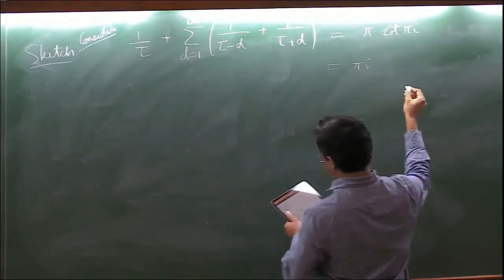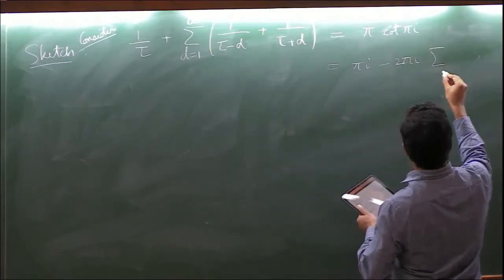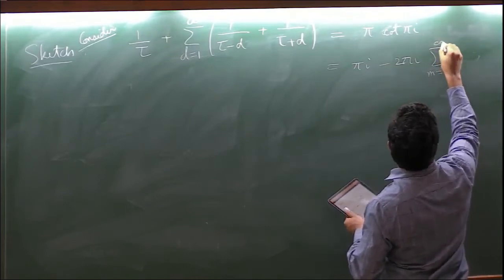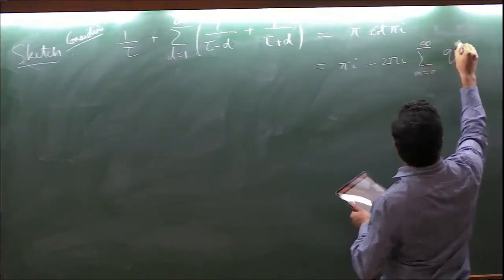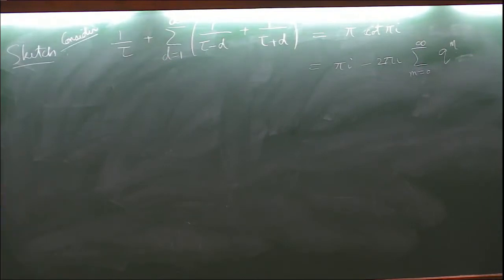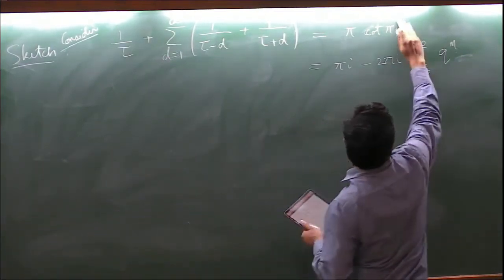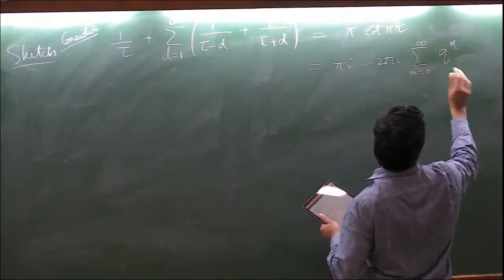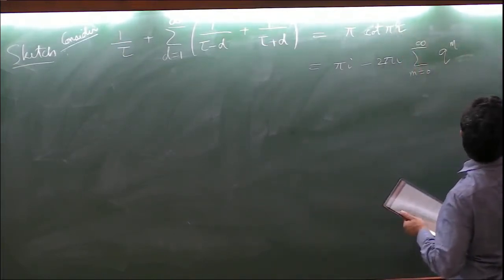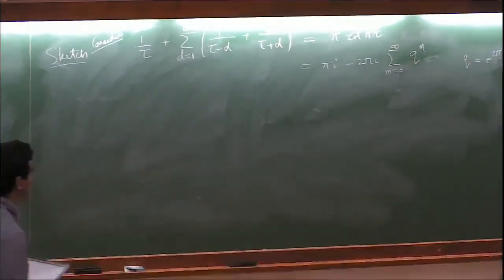And then you have to use the Fourier expansion for this, which is 2 pi i times the summation m going from 0 to infinity of q to the m. So again, q is e to the 2 pi i z. Tau, yeah, pi tau. I don't know why I had i there. And now I've changed my notation, so z became tau for some reason.